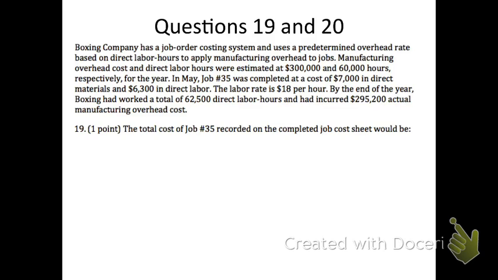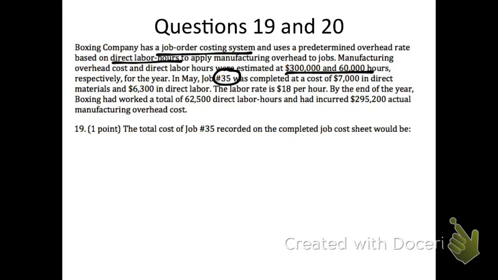Alright, questions 19 and 20. Okay, this is a company that uses job order costing. It uses a predetermined overhead rate based on direct labor hours. Manufacturing overhead cost and direct labor hours were estimated at 300,000 and 60,000 hours.